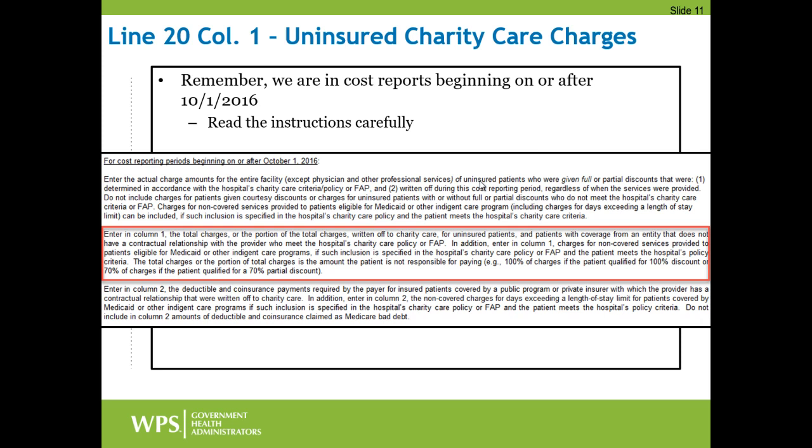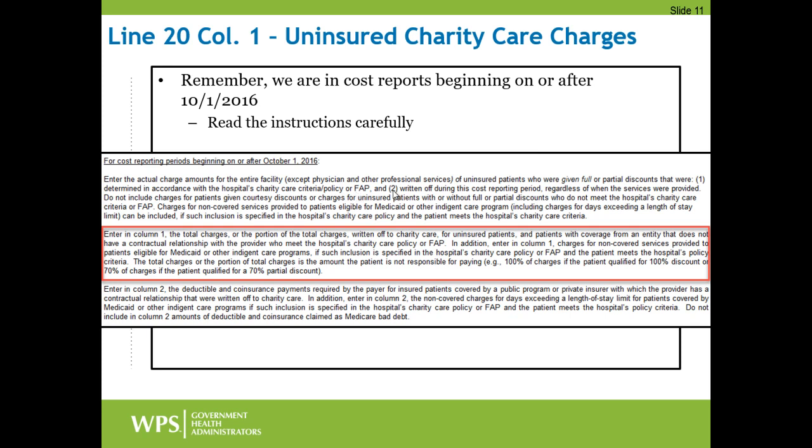Of uninsured patients who were given full or partial discounts. So this is the key thing. We want to know the amounts only for patients that were even given a discount for charity care. And we're going to find out later that we only want the amount of that charity care reported here. So partial discounts that, number one, have to be determined in accordance with the charity care policy, whatever the hospital has for a charity care policy.